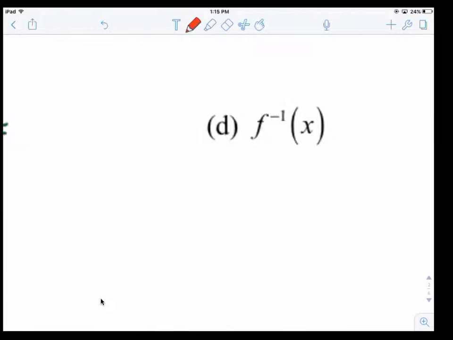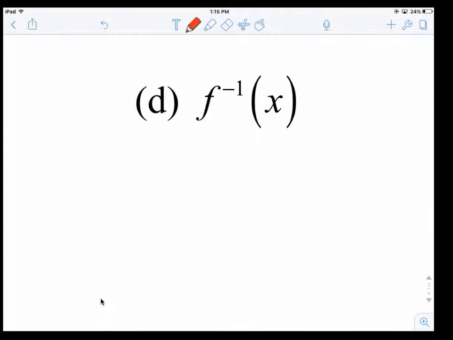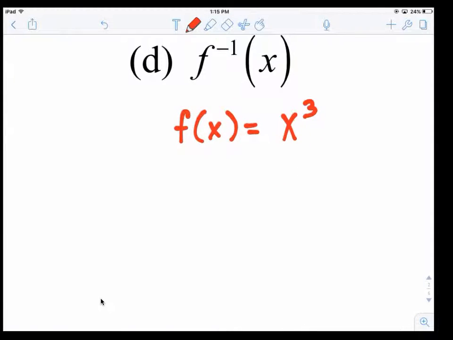All right, now it says find the inverse of f. So I know that f of x is equal to x cubed, which is the same thing as y equals x cubed. Now, how would I find the inverse? x equals y cubed.